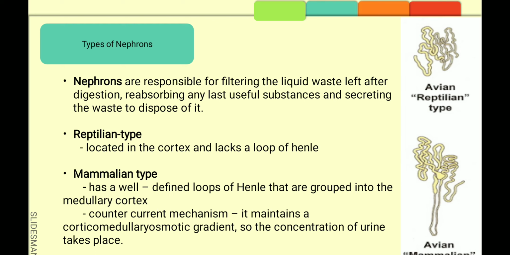Each nephron is composed of a renal corpuscle, or a network of capillaries enclosed in the Bowman's capsule, a proximal convoluted tubule leading away from the Bowman's capsule, and a loop of Henle, which is present when the nephron is the mammalian type. And a distal convoluted tubule and collecting tubule that leads to the ureter.